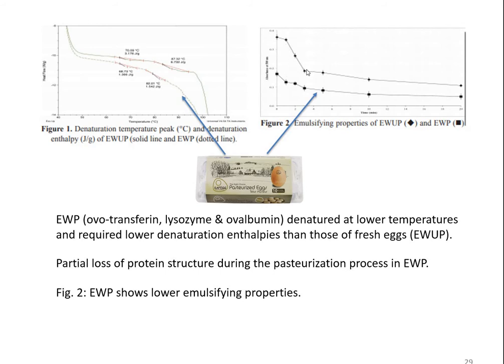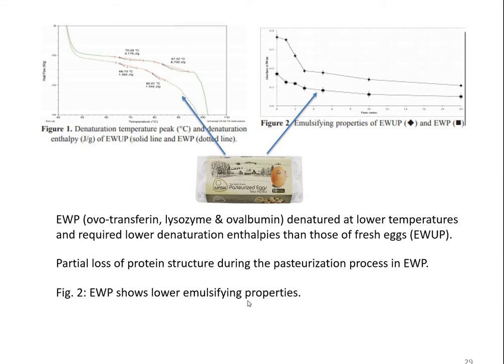The higher the values indicated by the parameters as a function of time, the higher the emulsifying properties. So Figure 2 indicated that EWP indeed had lower emulsifying properties.